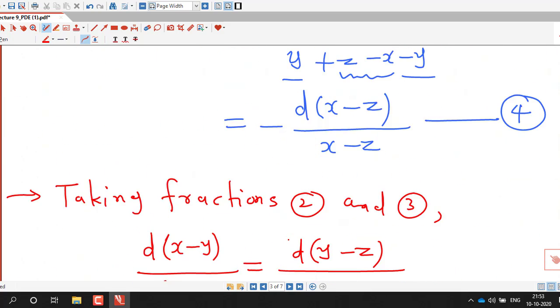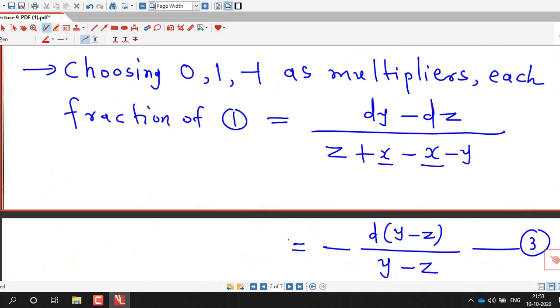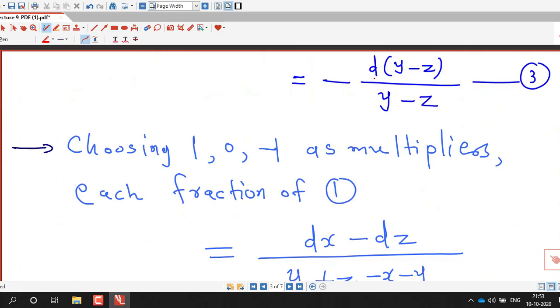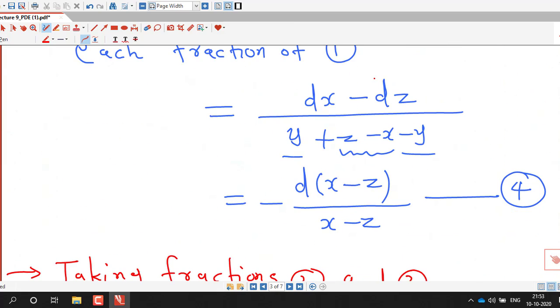Now if you wish, you can compare fractions 2 and 4 also, d of x minus y upon x minus y, d of x minus z upon x minus z. So if you have compared fractions 2 and 4, you would have obtained x minus y upon x minus z equal to C2.